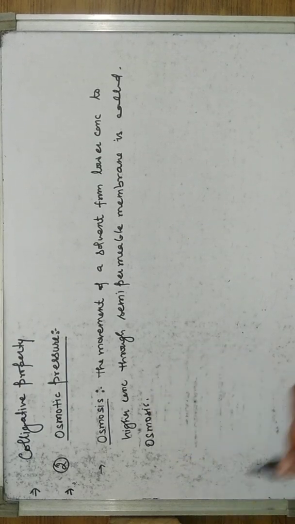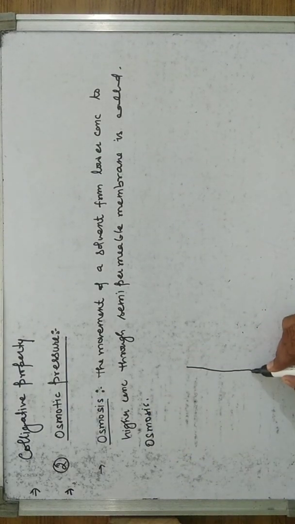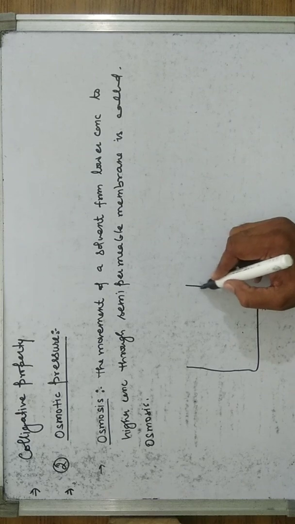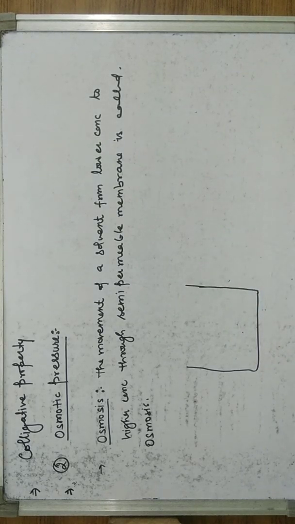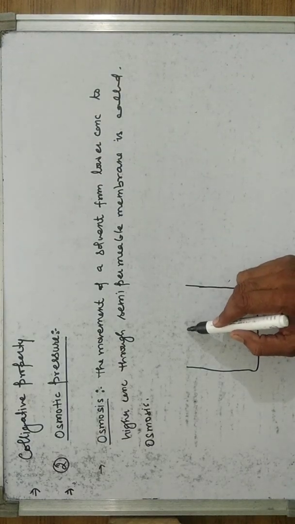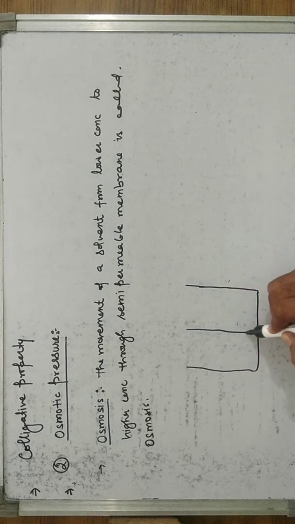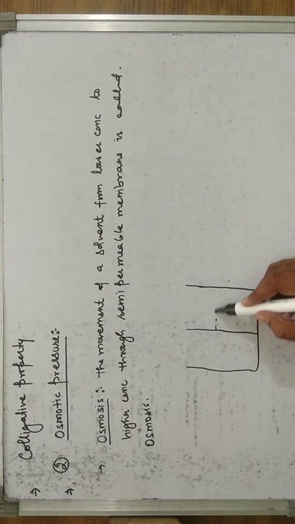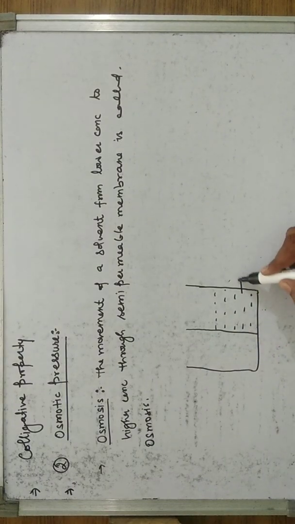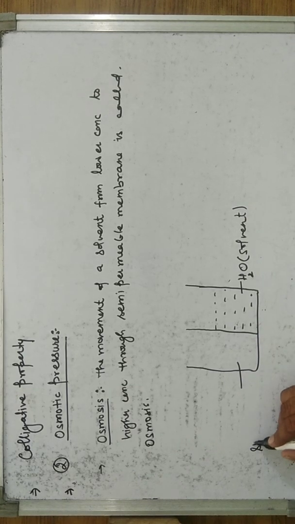Now we understand with the help of a diagram. Suppose we have a container, okay, and we partition this container with a semi-permeable membrane. One portion is filled with a pure solvent like water, and in another part we take the sugar solution.